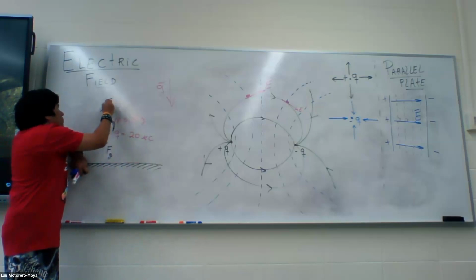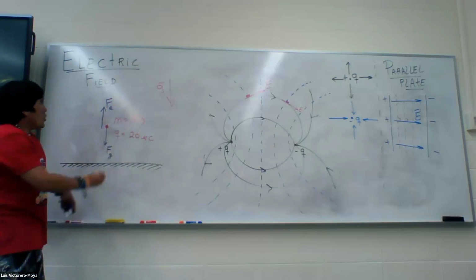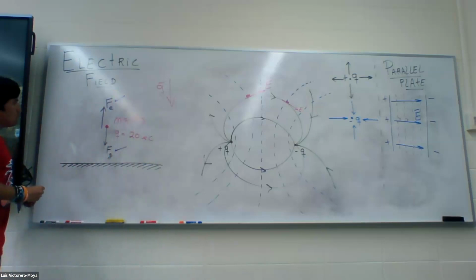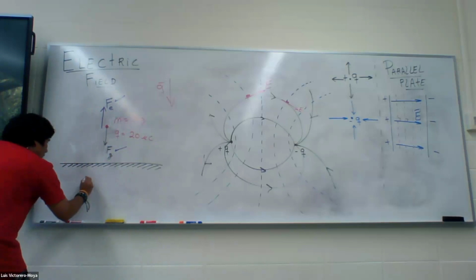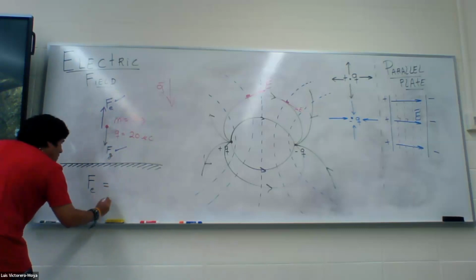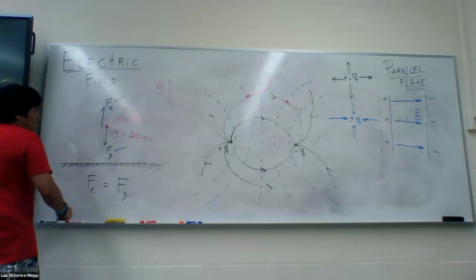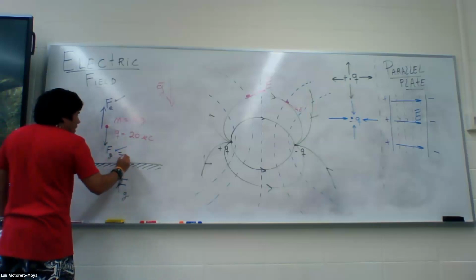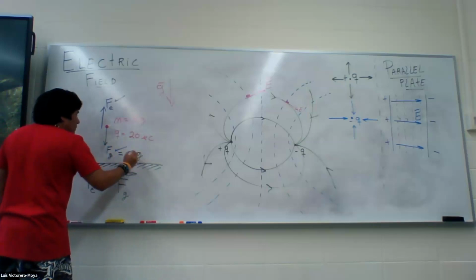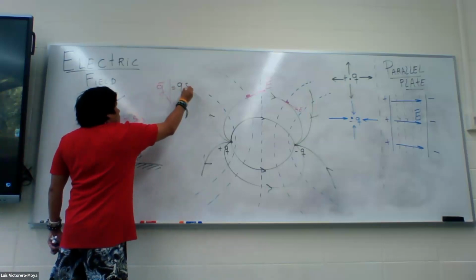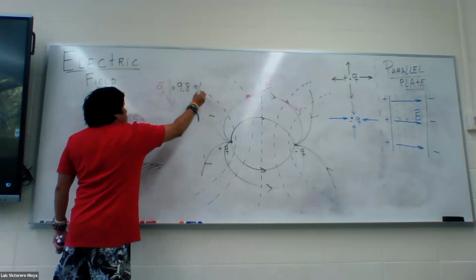The electric force. So this has to be in equilibrium with this. In other words, the electric force has to be equal to the gravitational force. Now we know that the force due to gravity is mg. What's g? 9.8 meters per second squared.